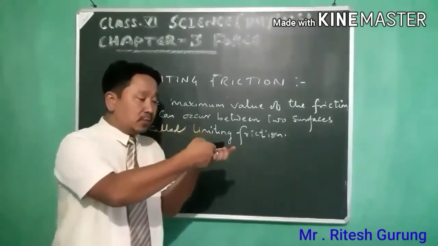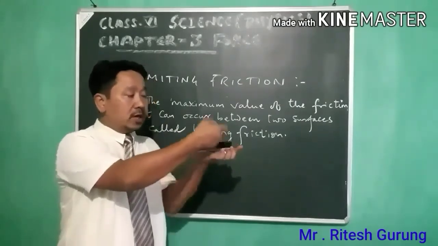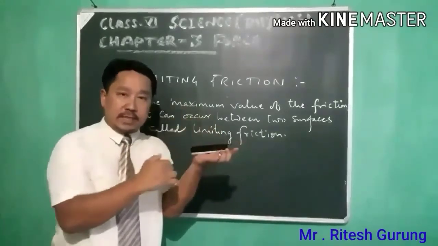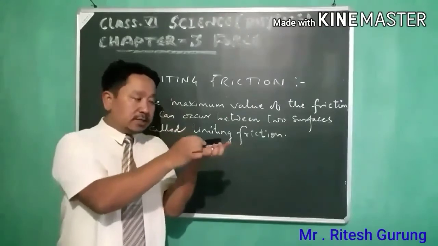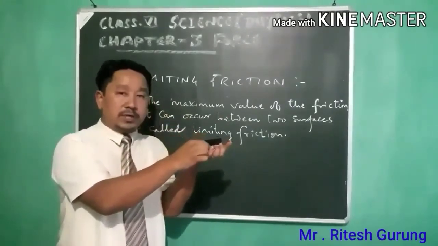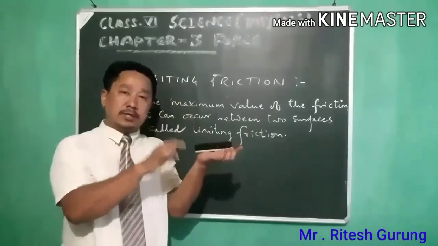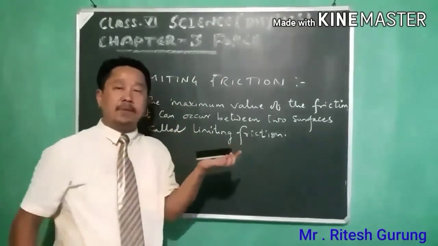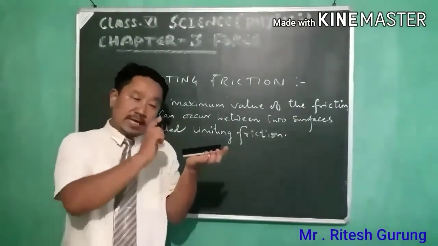Why? Because the frictional force, the force in the opposite direction to oppose my force, is also increasing. But the question is, does the frictional force keep on increasing indefinitely? The answer is no. It has got a limit.